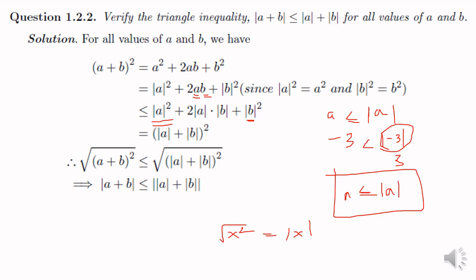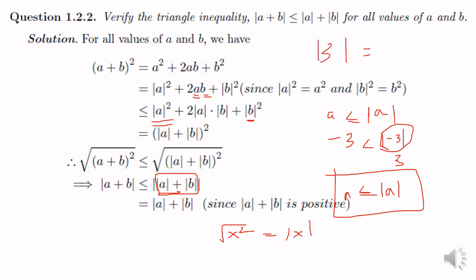And since modulus a and modulus b are positive, modulus a plus modulus b will be positive. So the modulus of that positive quantity will be the same as modulus a plus modulus b. Because if 3 is positive, modulus 3 is 3 itself.